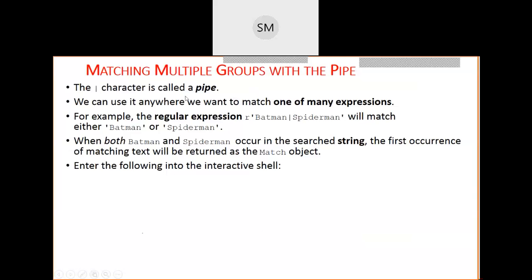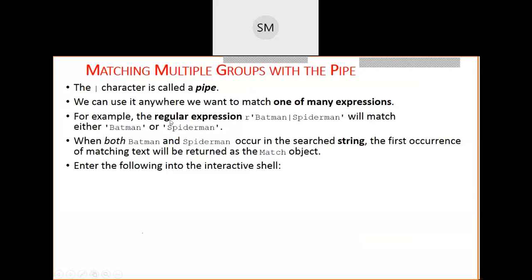This character is called the pipe, and we can use it wherever we want to match one of many expressions. Suppose there are n expressions or 10 expressions. Among the 10 expressions, if we want to match only one expression, then we have to use this pipe. Wherever the pipe comes, you just pronounce it as or.